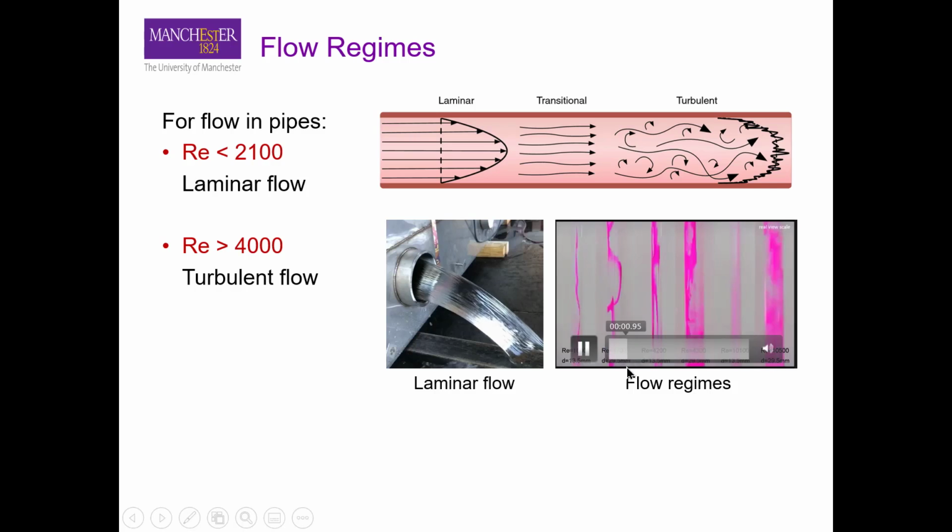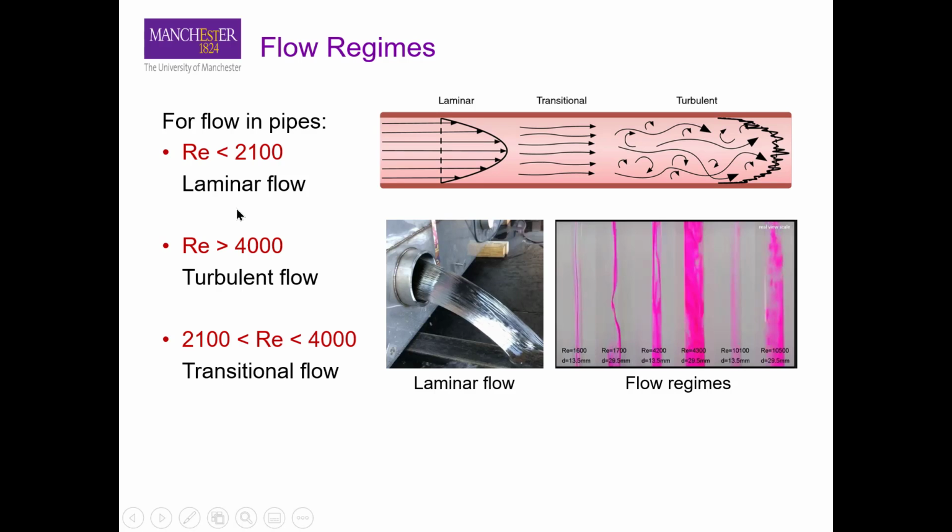But as your Reynolds number increases from 1600 to almost 10,000, you can see in the last part much more turbulence, compared to the much straighter lines earlier, with complete disorder in the last section. And in between these two numbers, 2100 and 4000, you have what we call a transition region, as I explained in the previous slides.